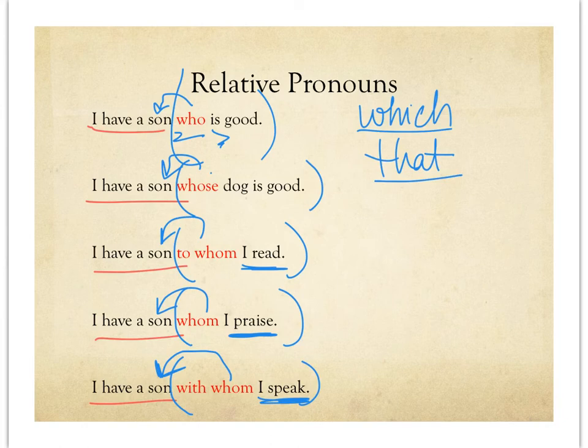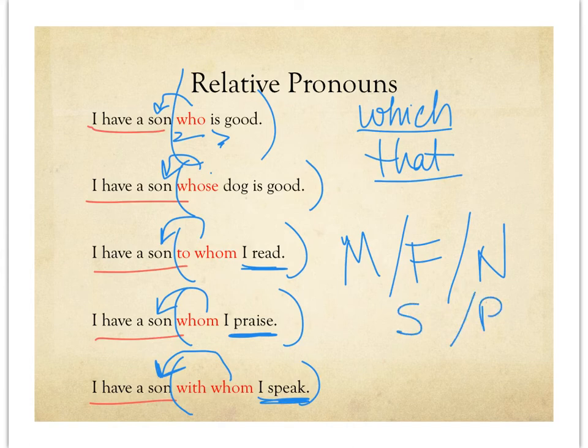So, in order to do this in Latin, because we have gender and we have case, we're going to need relative pronouns that are masculine, feminine, and neuter, because the antecedent in our sentence could always be something that's either masculine, feminine, or neuter. We're going to have singular forms and plural forms, and we're going to have forms in each case, because you can see here even in English, all of these forms are not identical.